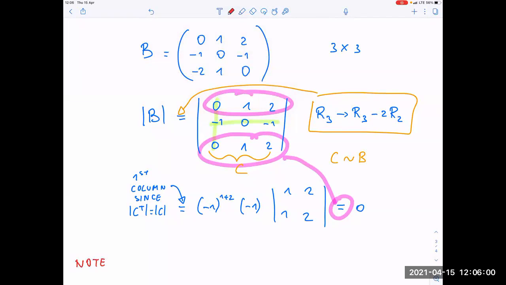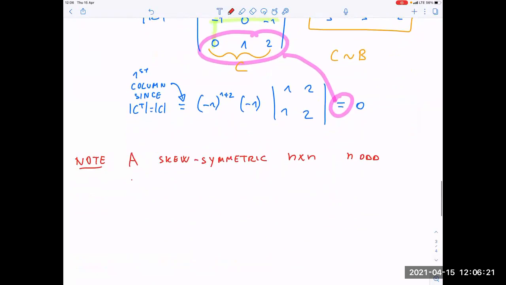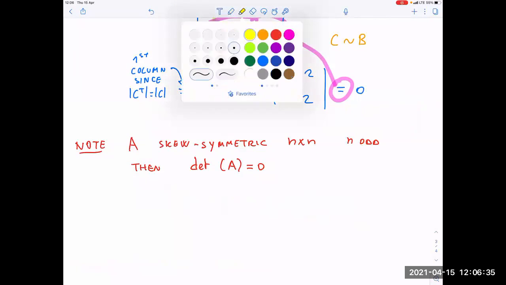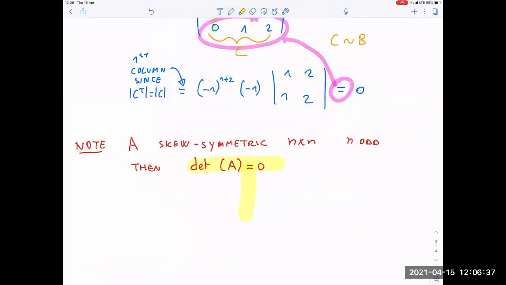Because we want to remember this: if I have a skew-symmetric matrix A, n times n, with n odd, then the determinant of A is always going to be equal to 0. And why is this the case? Why is it true that the determinant is always equal to 0?